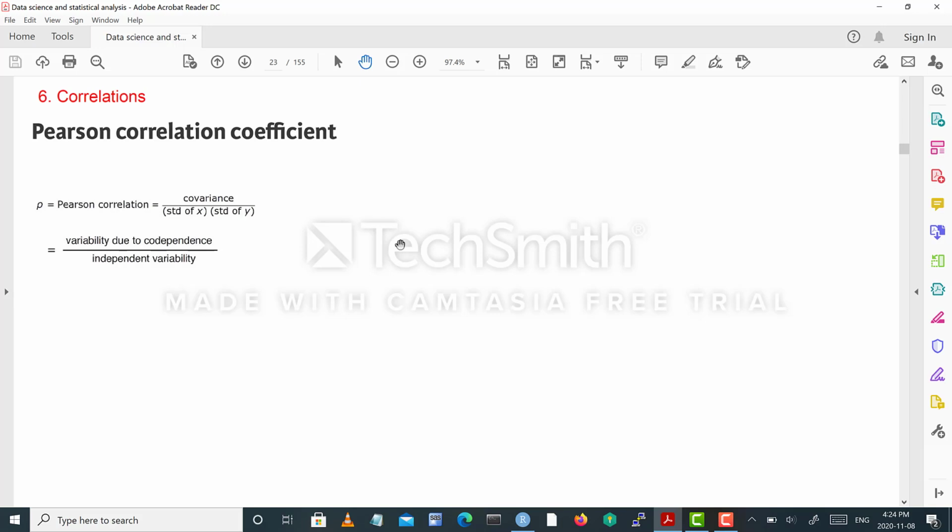This is called the Pearson correlation and is defined by the covariance divided by the standard deviation of x times the standard deviation of y, which is also equal to the variability due to codependence between two variables divided by the independent variability among the two separate variables.